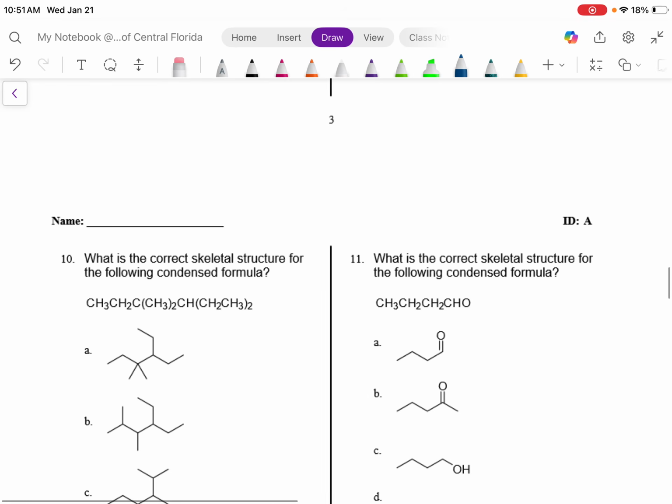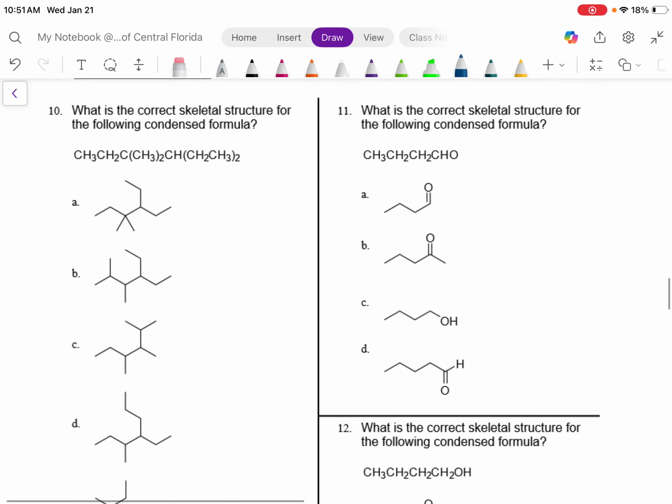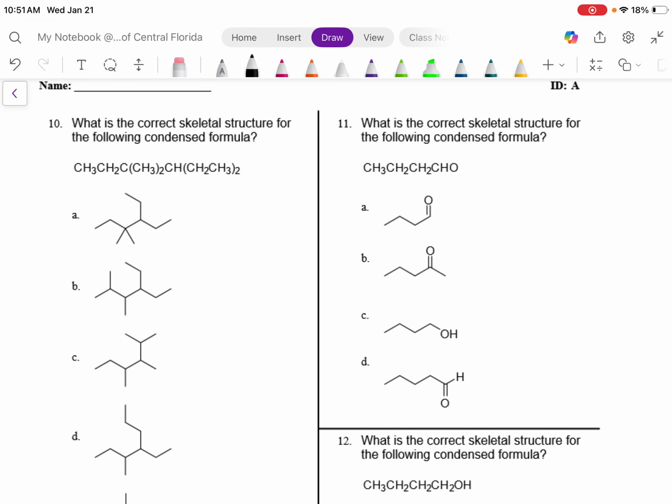Okay, question 10 here. So what I like to do is I just count how many carbons there are before you get to the first parenthesis. And I see that there's 3 carbons, so I just quickly draw 3 carbons. 1, 2, 3. And then this carbon right here is directly attached to that carbon.